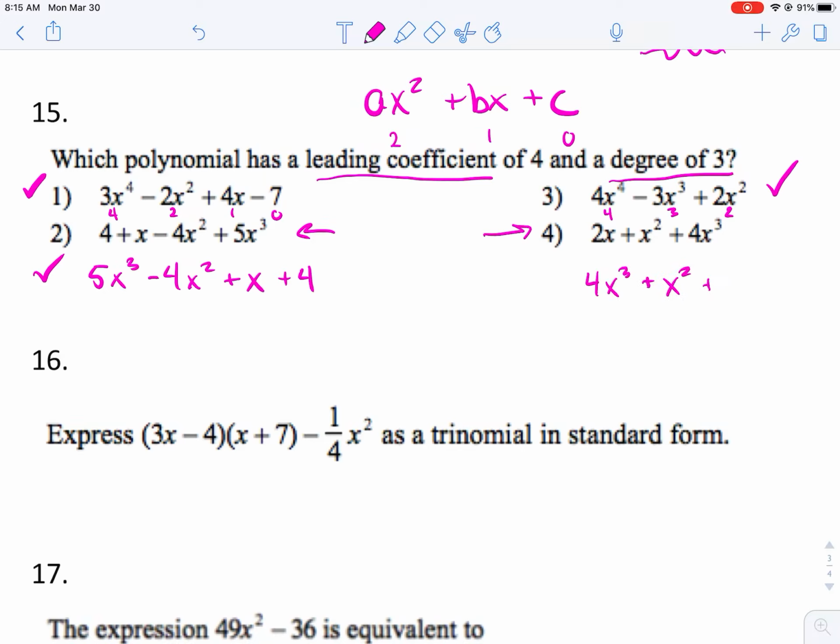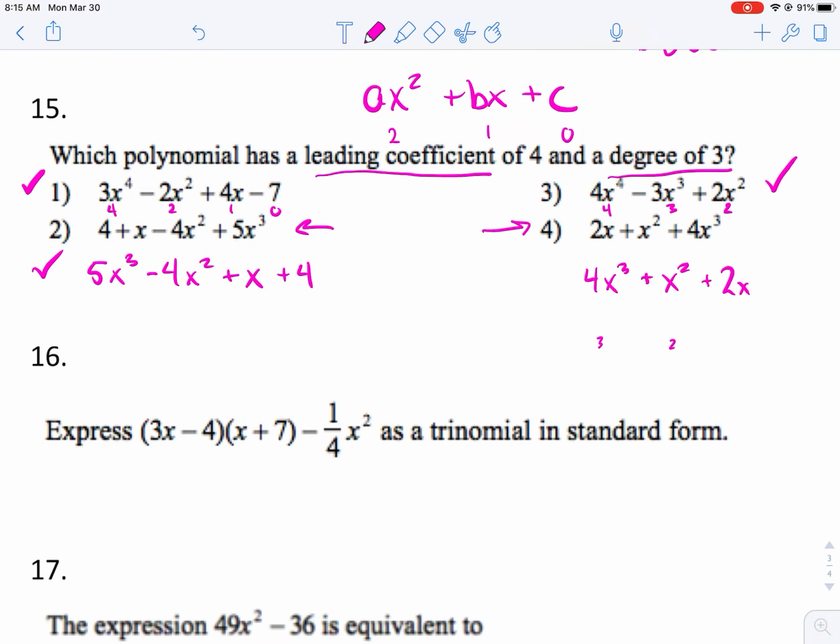And this one is not, so we're going to have to adjust this again. So it's going to go 4x cubed plus x squared plus 2x. And now our order goes 3, 2, 1. Okay, so now, because they're all in standard form, we can start picking out which one has a leading coefficient of 4 and a degree of 3.